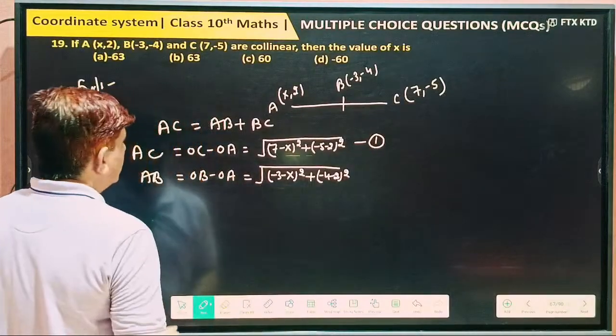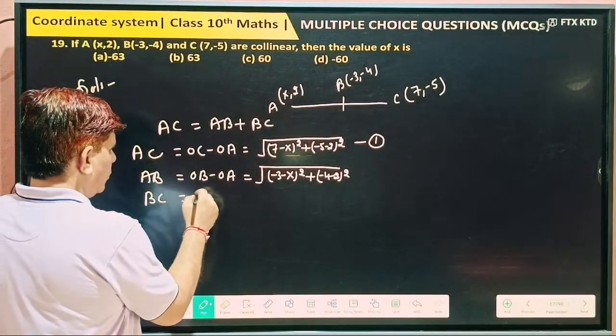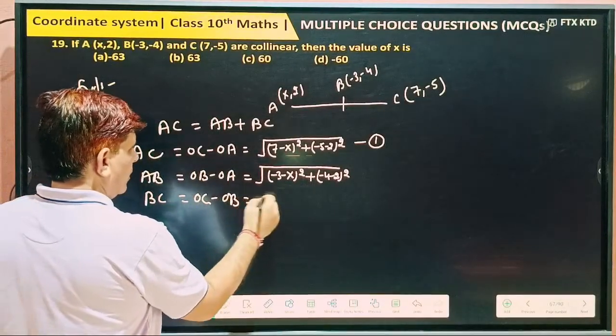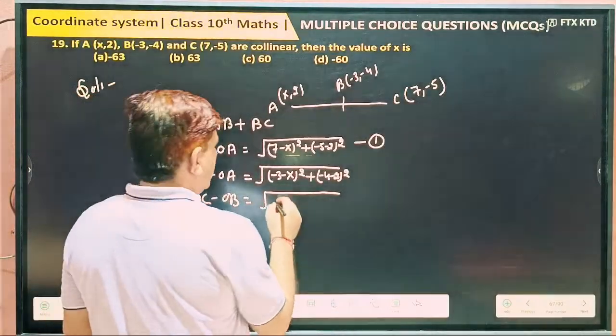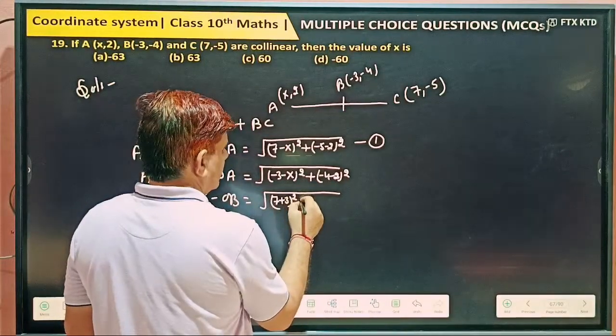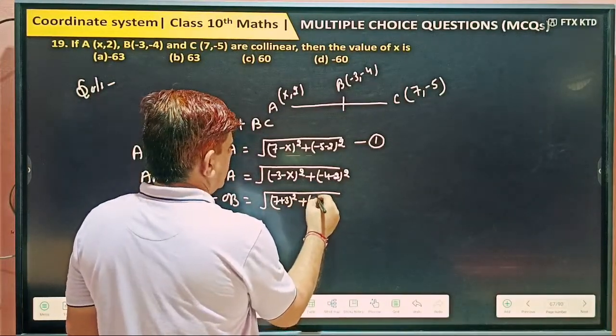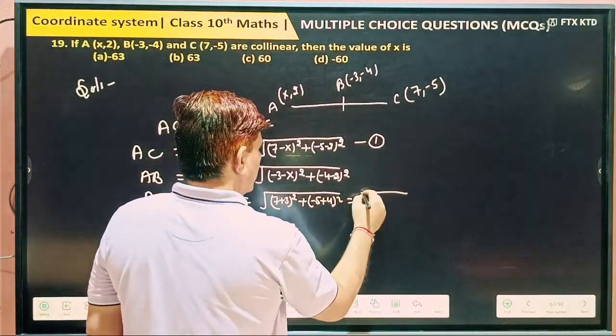Then find BC, which is the square root of (7 plus 3) whole square plus (-5 plus 4) whole square.